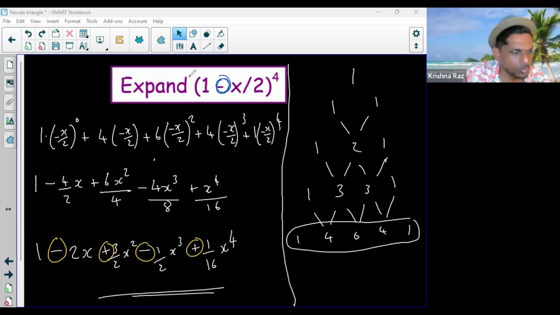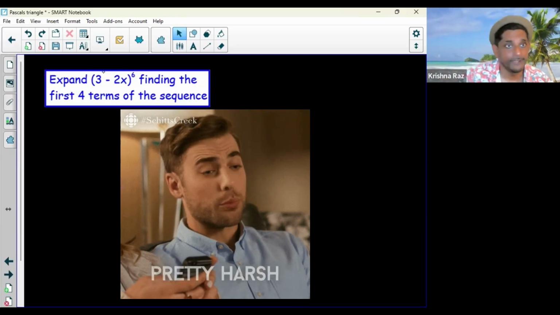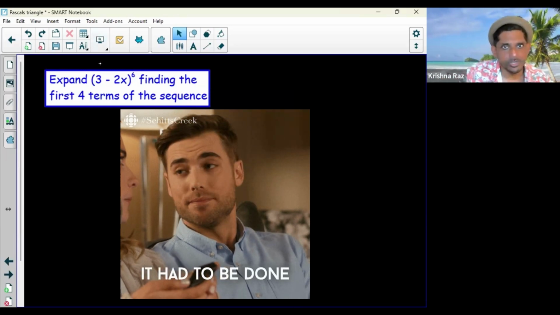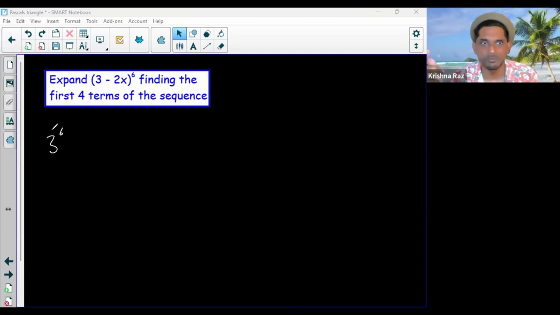So I think we've got one more example here. I'm just going to do this as a worked example because you'll look at this and give it a go and you won't know what to do. So the little trick is we take out 3 to the power of 6, which means we know the final term will be 3 to the power of 6, as we've just seen.